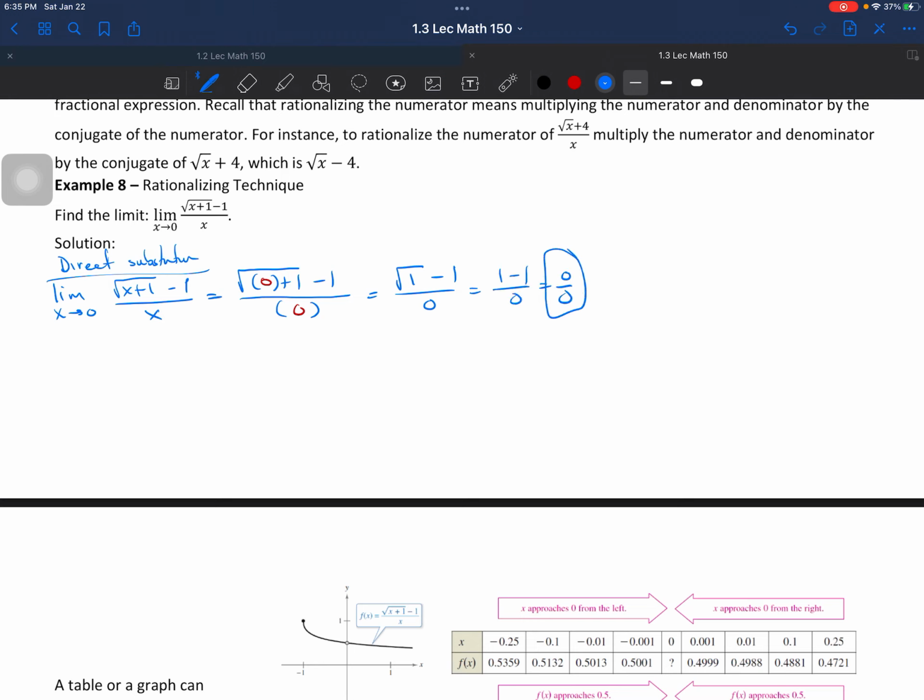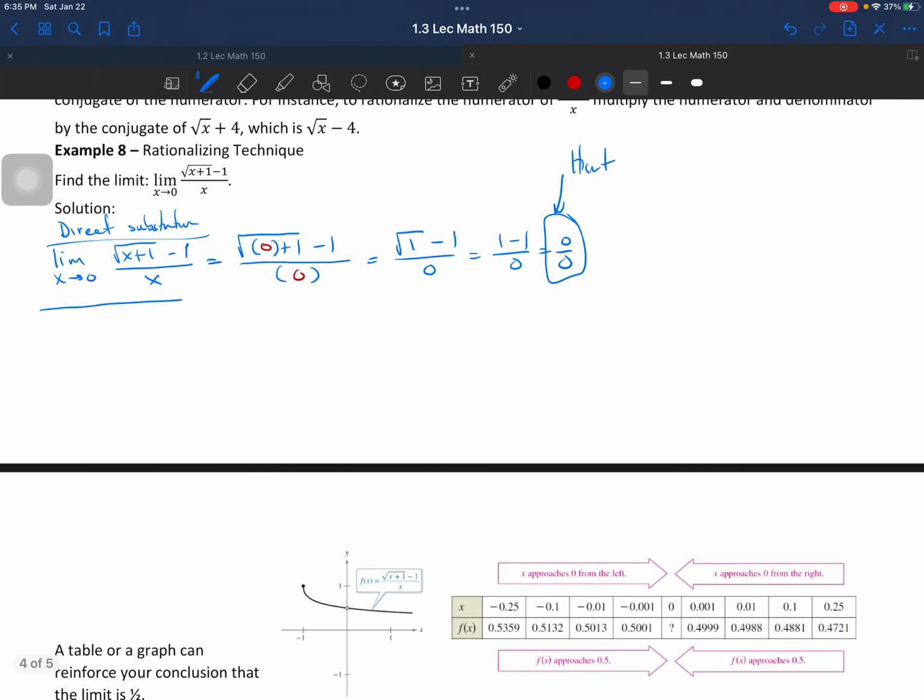Again, this tells us something. This gives us a hint that we need to try this again, but this means we'll have to do some algebra along the way. So the limit as x approaches 0 of the square root of x plus 1 minus 1 all over x.